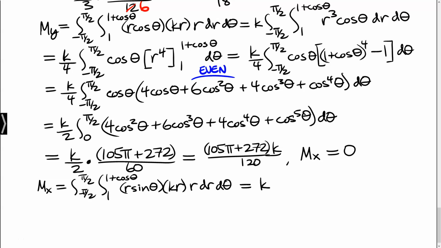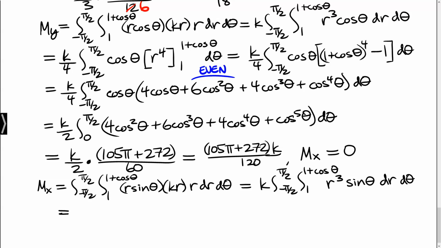Okay, and again, we can take out the k. I'm just following what we did in the previous moment about the y-axis. So now we've got r cubed sine of theta dr d theta.